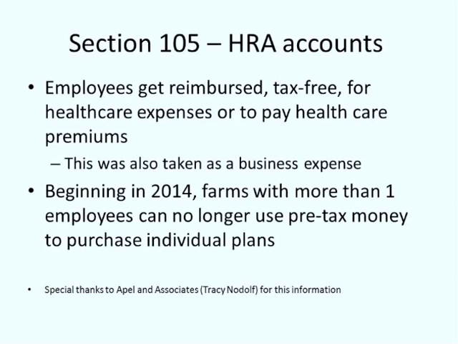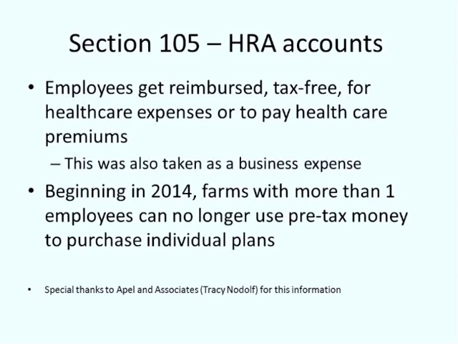Now, beginning in 2014, farms with more than one employee can no longer use this method to purchase individual plans. And we're going to go through this a little bit, but if it's a husband and wife operation and she's the only employee and they've been using the Section 105 way to do things, they will still be allowed to do it.